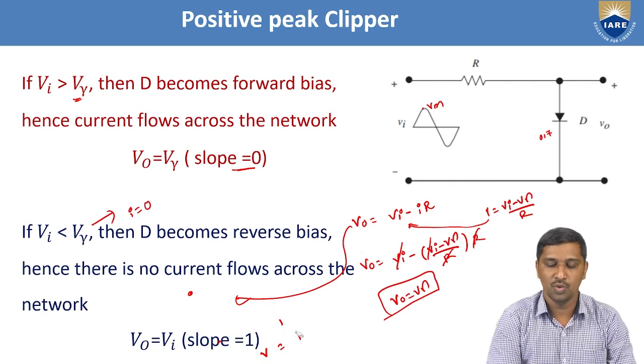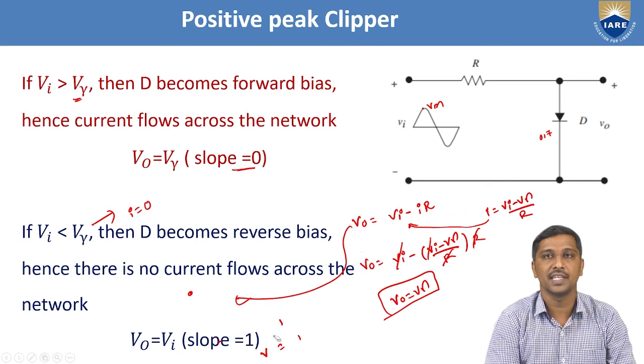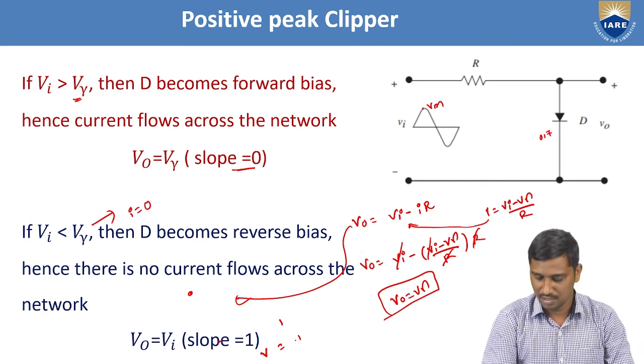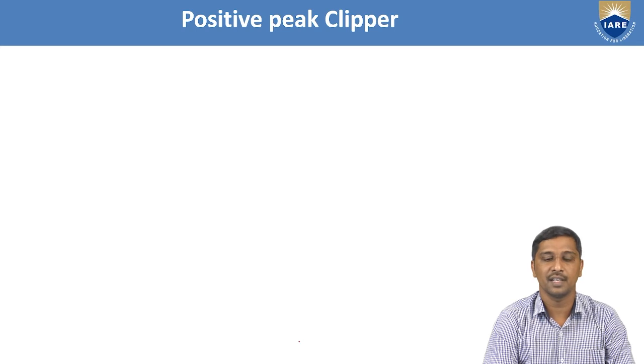Based on these two analyses, during the positive off cycle and during the negative off cycle, now I am going to draw the graphical representation. This is called the transfer function of the clipper.